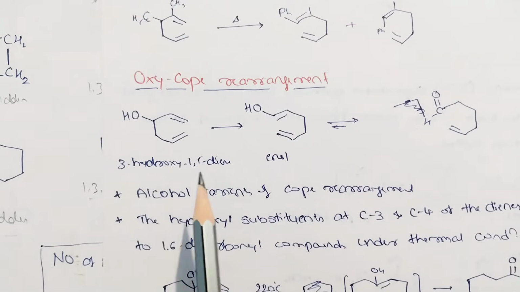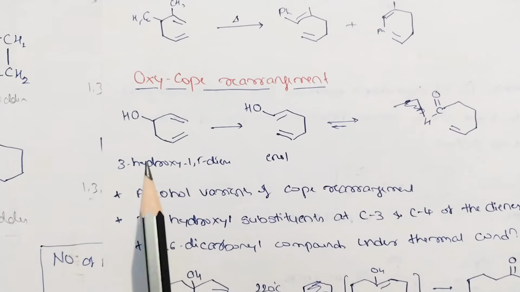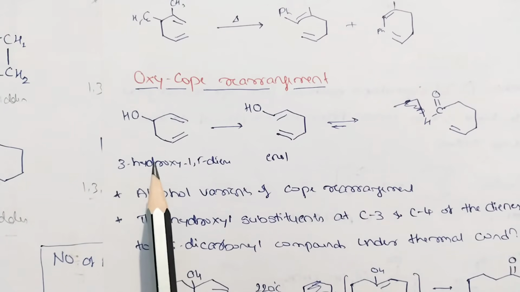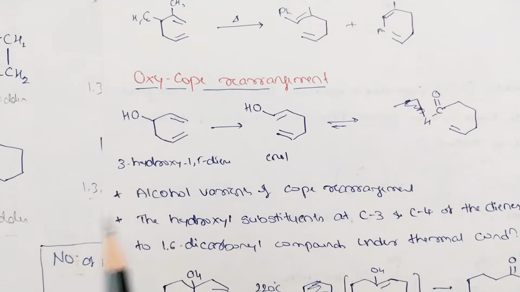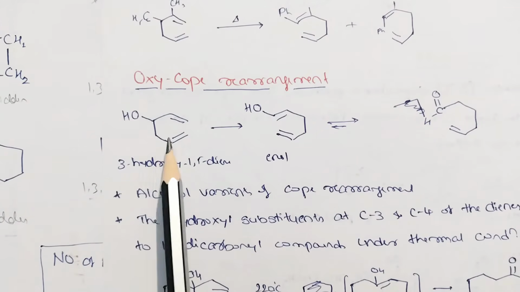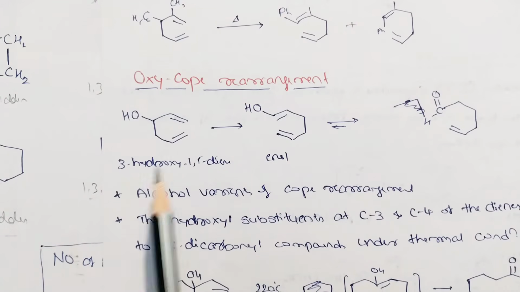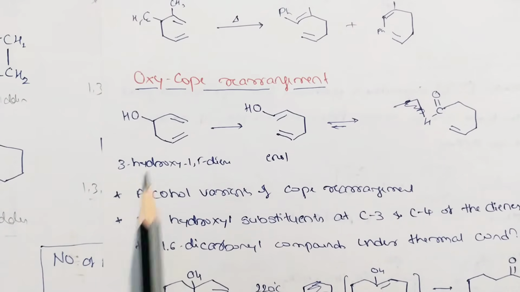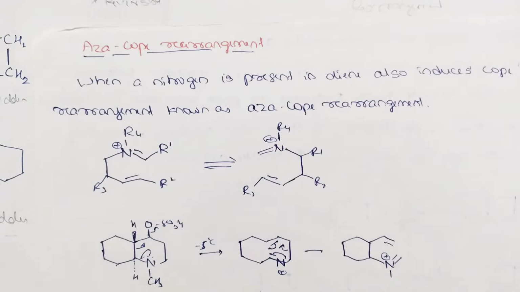In the Cope rearrangement reactions, when we have alcohol groups, those reactions are called oxy-Cope rearrangement reactions. Here the alcohol variants of Cope rearrangement. Here also the same 3,3 sigmatropic rearrangement takes place. It is also thermally allowed. And when there is a nitrogen present in the diene, these reactions are called aza-Cope rearrangement reactions.